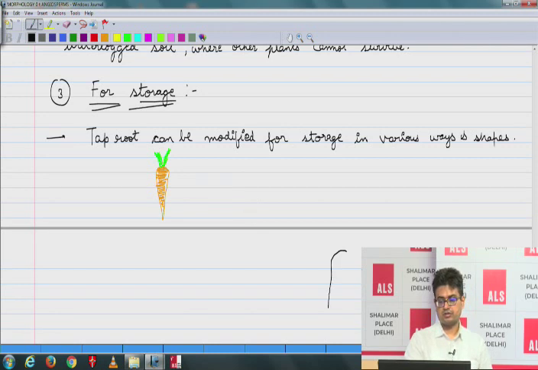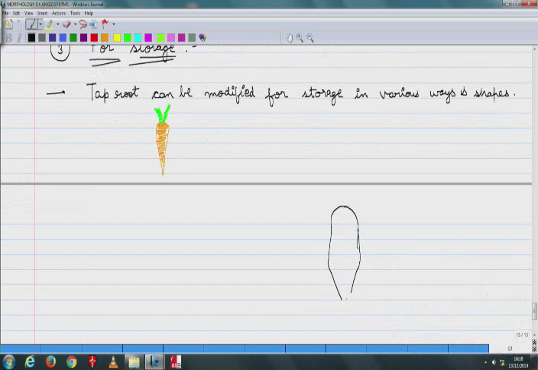So let me draw it like this. It is white in color. Then there is another modification.